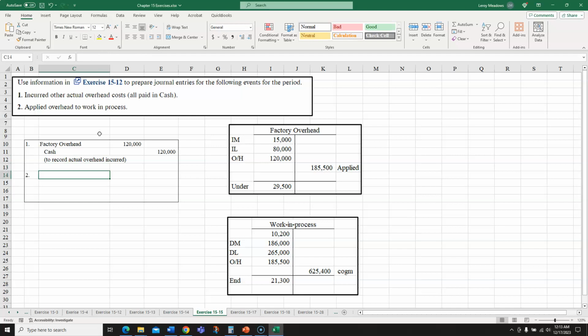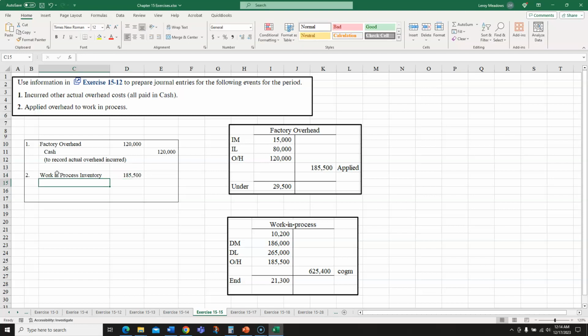Now, the second one we were asked is to apply overhead to work in process. Okay, so this is that applied that we did. So I applied it to work in process. That's why I'm going to debit work in process inventory for $185,500.